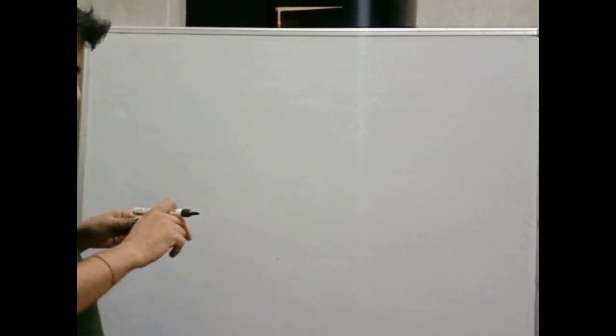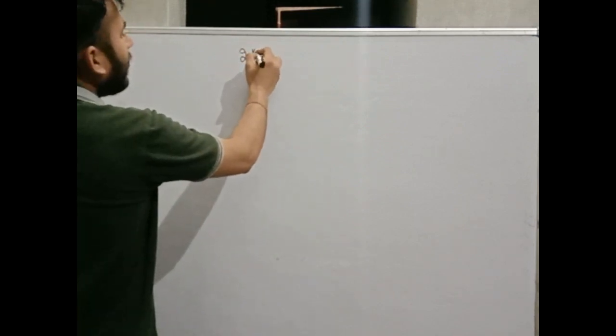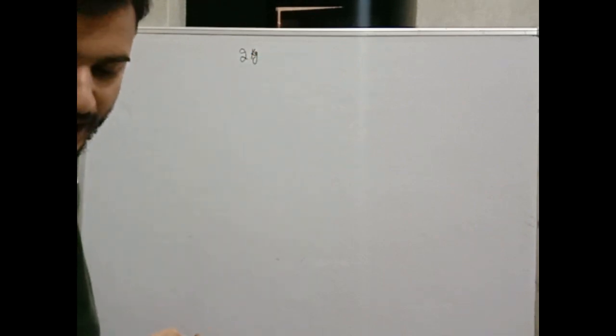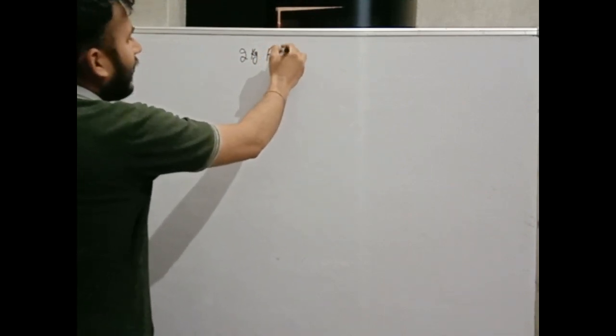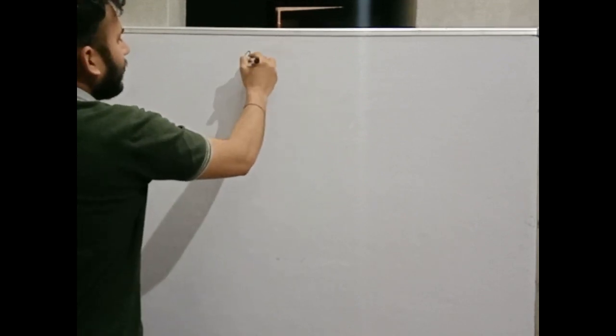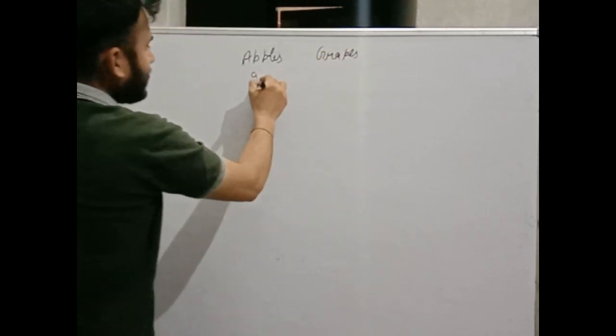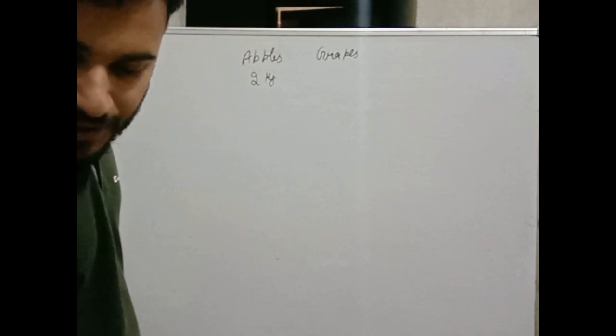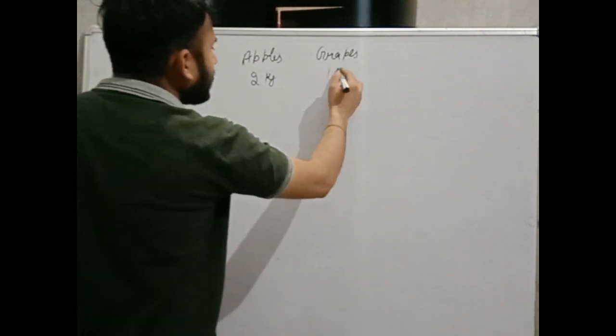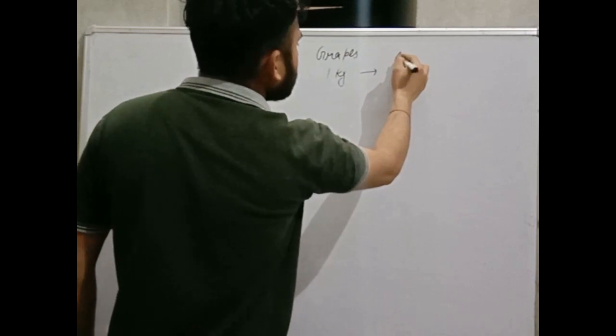Now your exercise 3.1, question number 3. The cost of 2 kg of apples and 1 kg of grapes on a day was found to be rupees 160. That means 2 kg apples and 1 kg grapes cost 160 rupees.